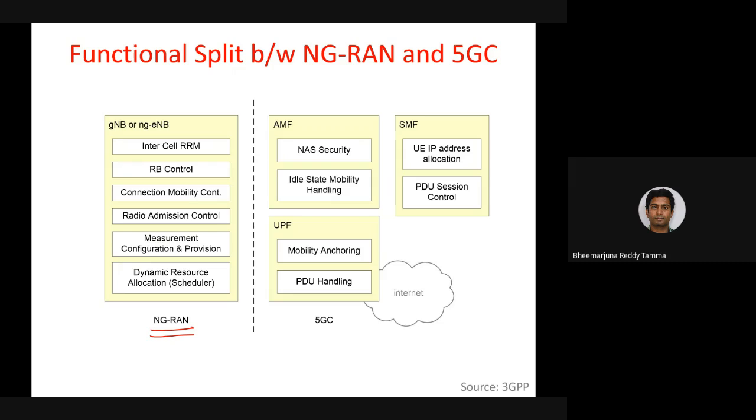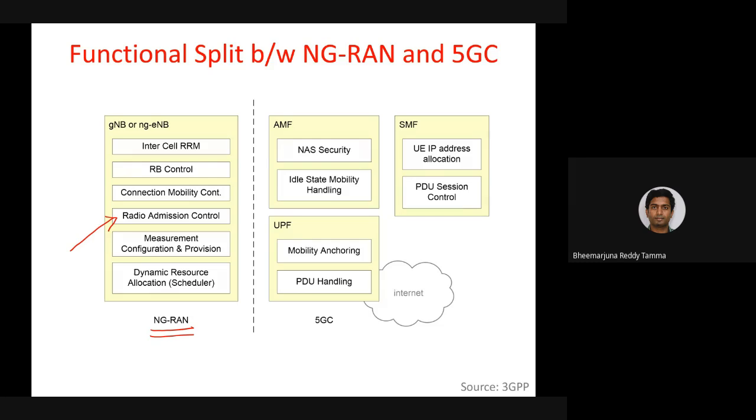Then we have the mobility control and the radio admission control. So unlike Wi-Fi and also the internet, in cellular networks we do admission control. Those who have studied computer networks know what admission control means. Before you establish a call or a connection or a flow, you want to make sure that you have adequate resources in the system before you admit that particular session.